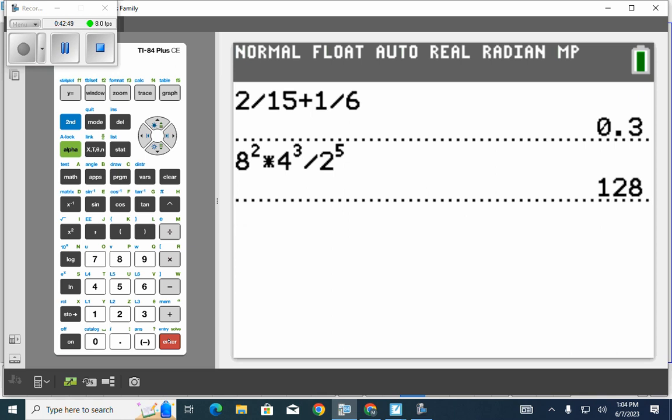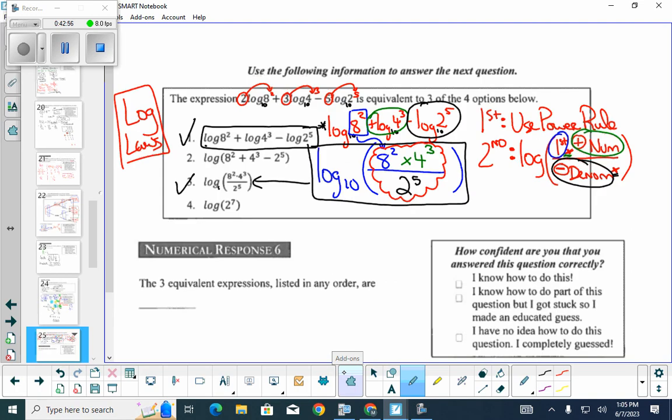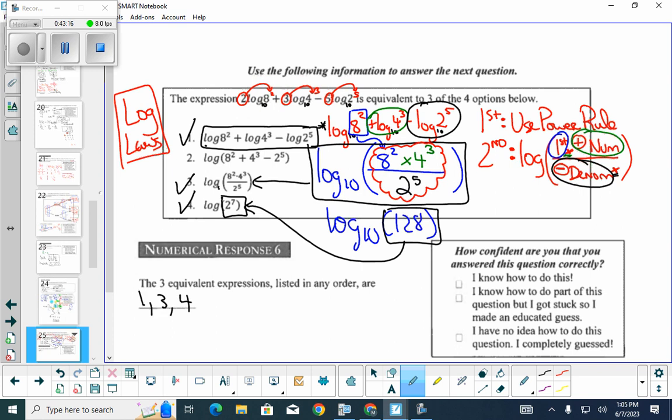Just punching it in exactly as I see it. So I get out log base 10 of 128. Now it just so happens that 128 is the exact same as 2 to the power of 7. So this is the other one that is true. So which 3 expressions? Numbers 1, 3, and 4.